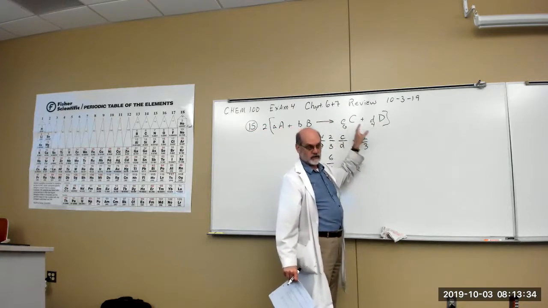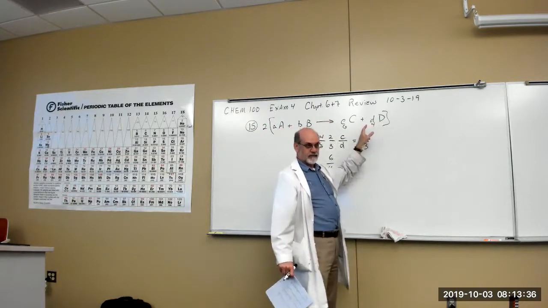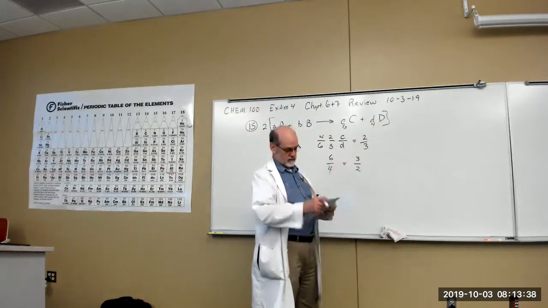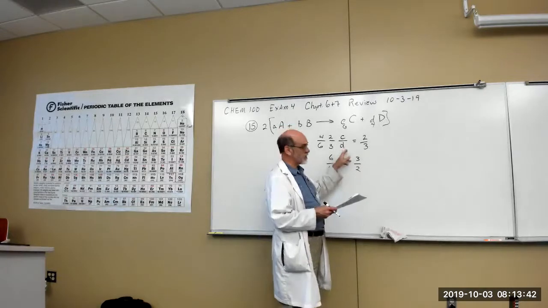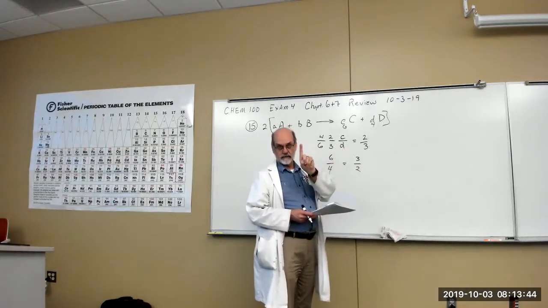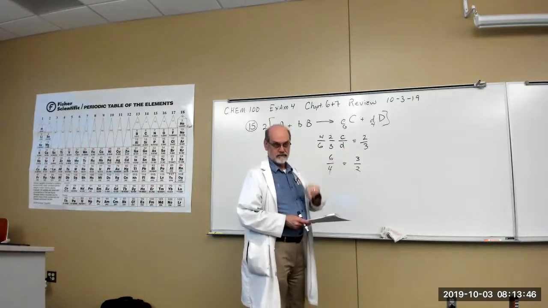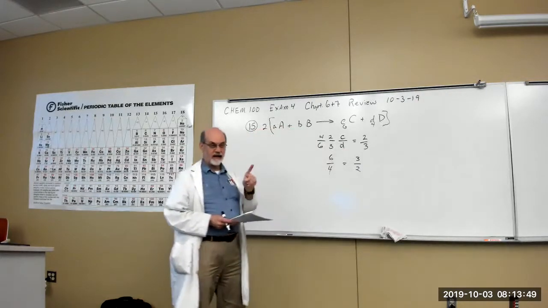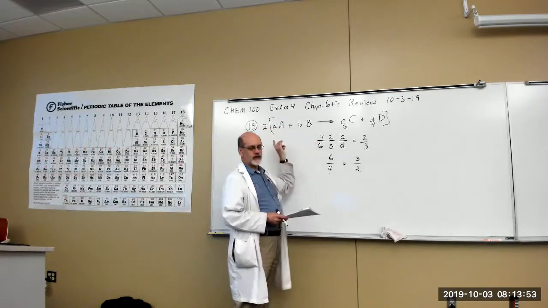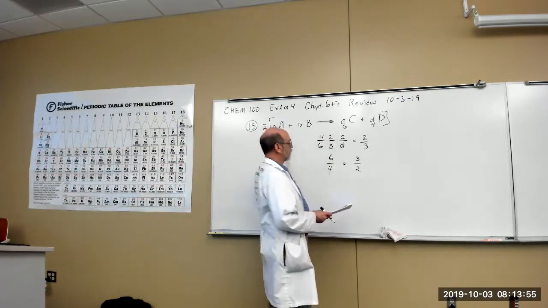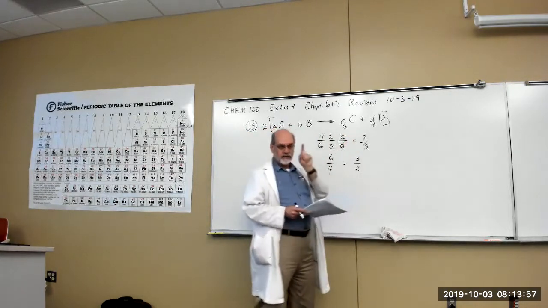They do not change. So the answer to the question, how many possible values can there be for that C/D ratio? Only one. Once the equation is balanced, those numbers are fixed, and any ratio that you derive from those coefficients can only be one value.